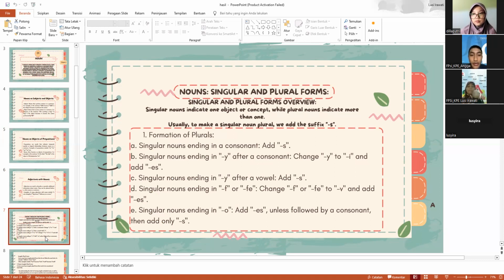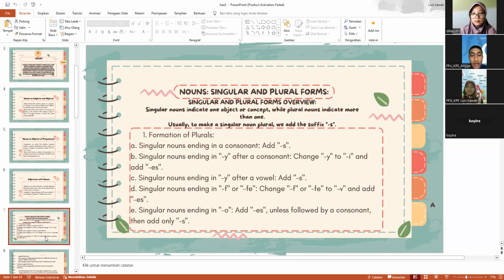1. Formation of plural. A. Singular nouns ending in a consonant add s. B. Singular nouns ending in y after a consonant change y to i and add es.